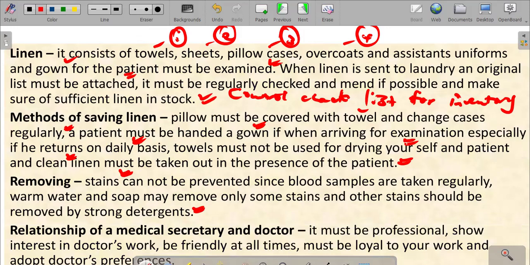No matter that blood samples are regularly taken, it is important that the blood stains or whatever type of stains on linen are removed. If they are difficult to remove, strong detergent must be used so that we take away those stains.